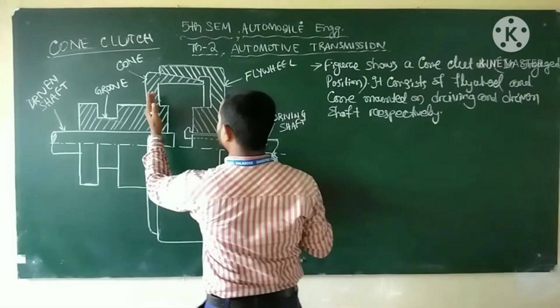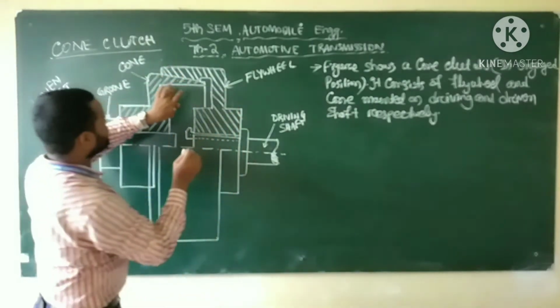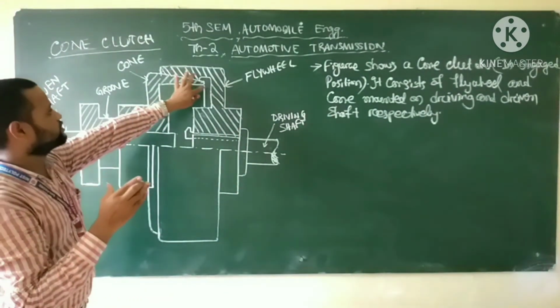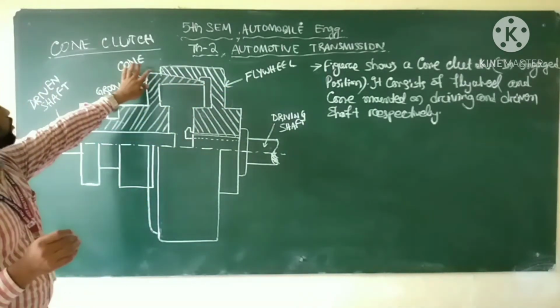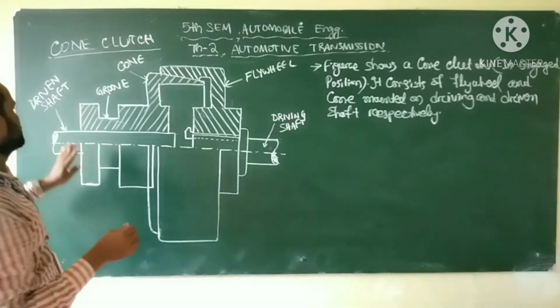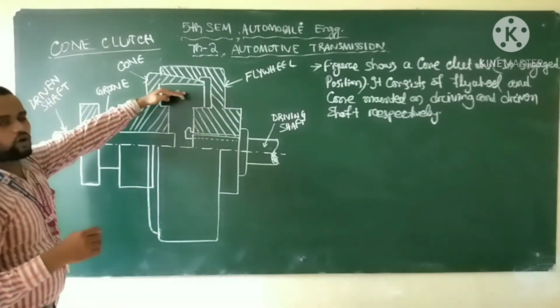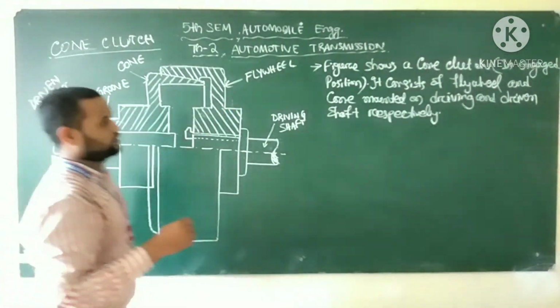When this cone is engaged with the flywheel, the inner shape of the flywheel is such that it can accommodate the cone shape. So the inner shape of the flywheel is cone shape and the outer face of the cone is also cone shape. If the male cone is in cone shape, then the female cone of the flywheel is also in cone shape.